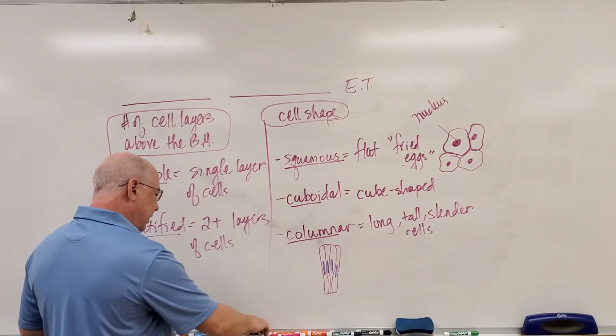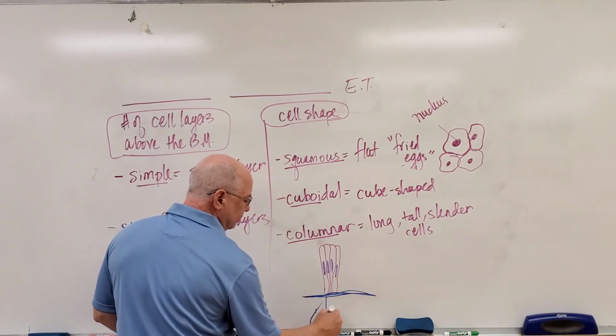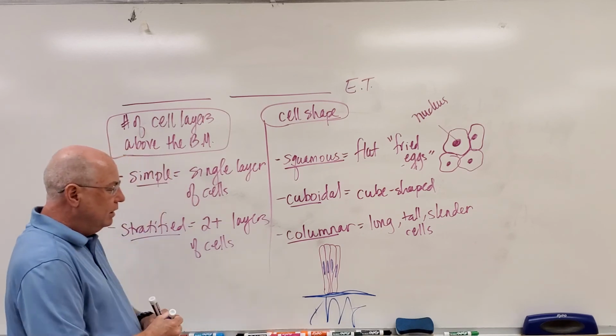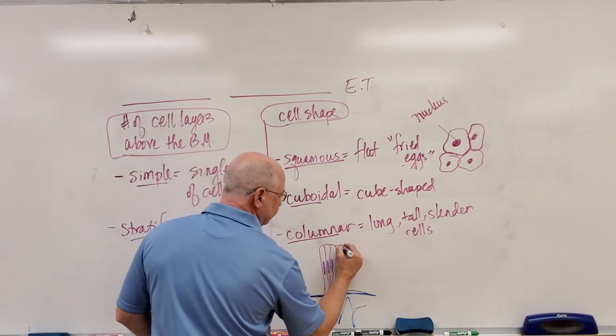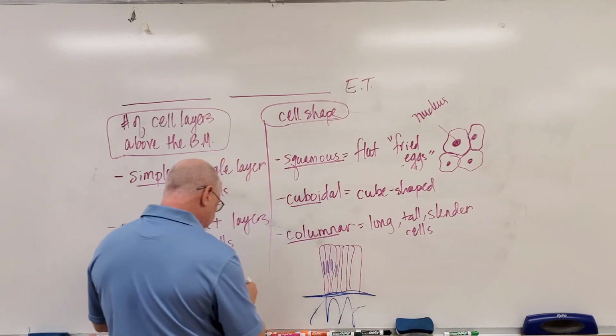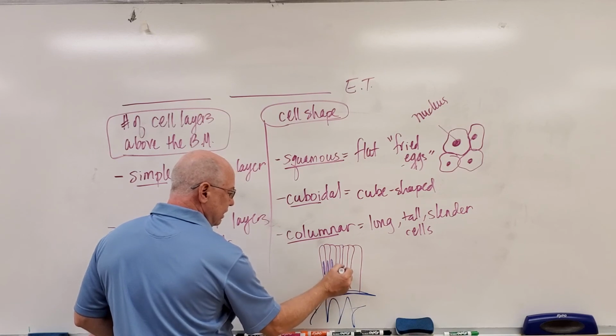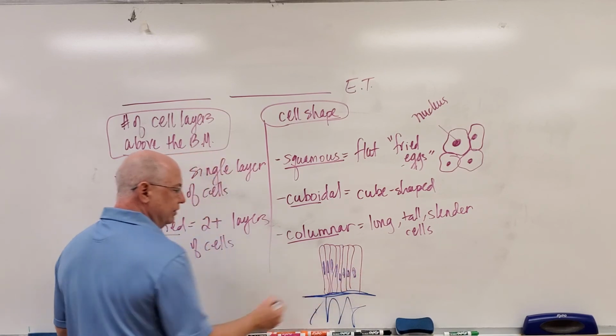So if I looked under a microscope and I saw a single layer of these cells above a basement membrane with some underlying connective tissue, then this entire layer of cells all the way across would be called simple columnar epithelium. It's a single layer of tall, slender cells.